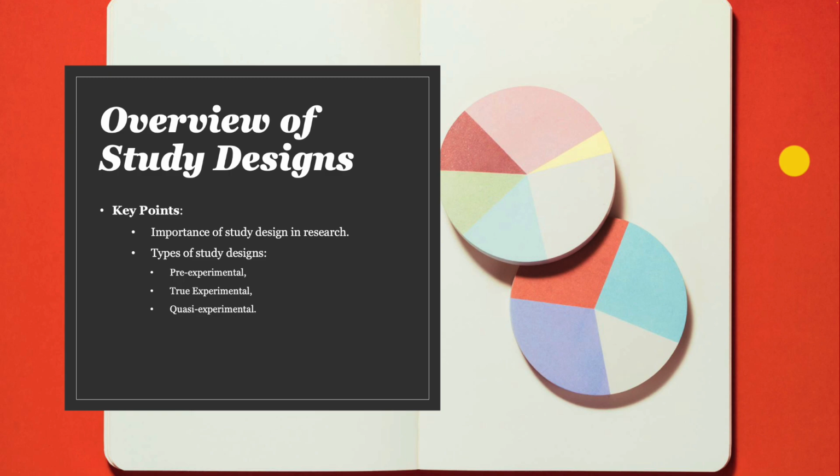So what we're going to talk about today are 3 different types of design, which are pre-experimental, true experimental, and quasi-experimental. Now, researchers and statisticians who define these types of things make it very convoluted and very hard to understand.